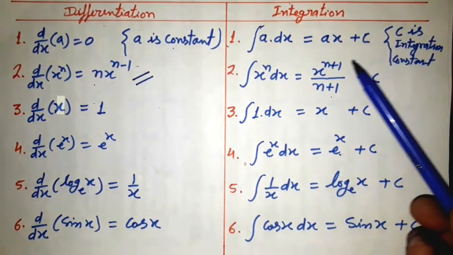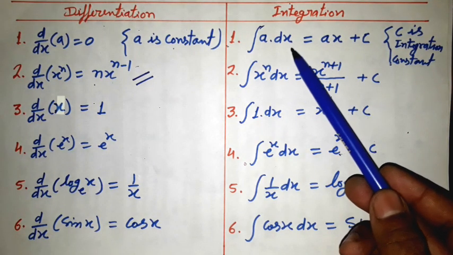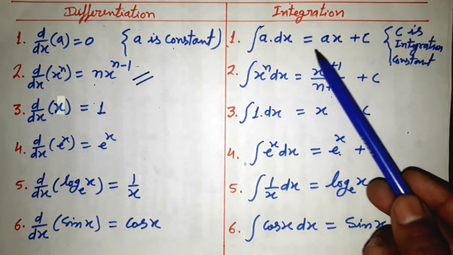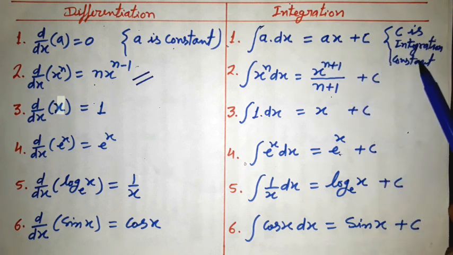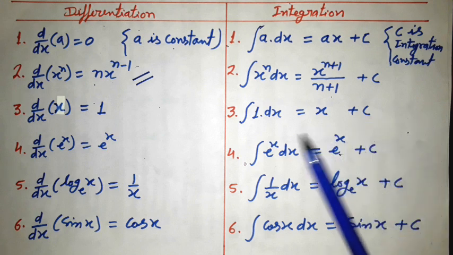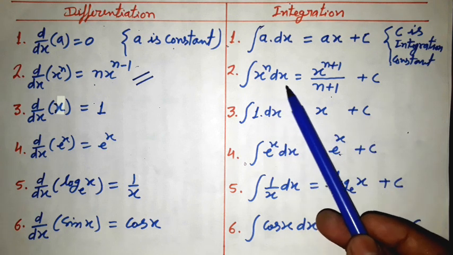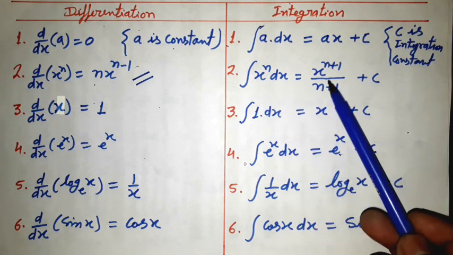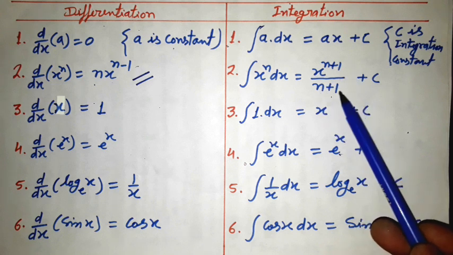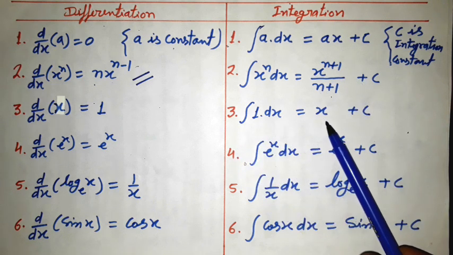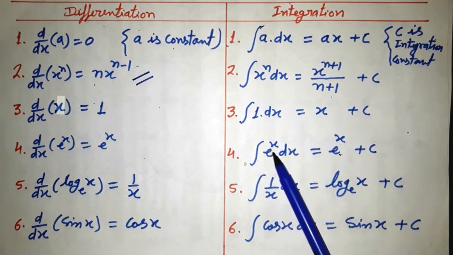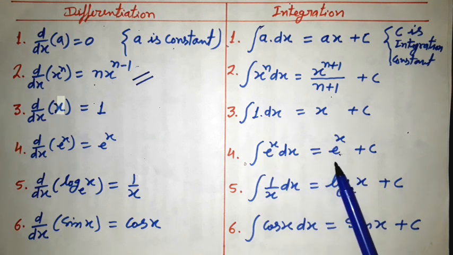Then integration of a dx equals ax plus c, where c is the integration constant, and the value of x to the power n dx is x to the power n plus 1 upon n plus 1 plus c, and integration of 1 is x, and integration of e to the power x dx is e to the power x.